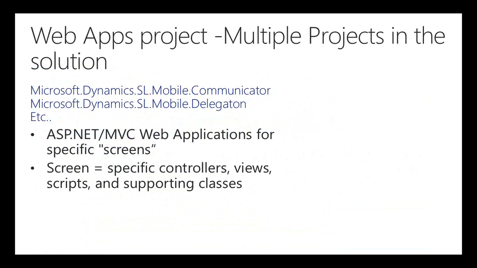And then again, to go with the models, there's also multiple projects that feed into that. There's a separate project for most of the different pages: communicator, delegation, time card entry, etc. These projects, among other things, contain the VB.HTML files for the actual display and look and feel. So that's a good place to start looking as well for what to modify.